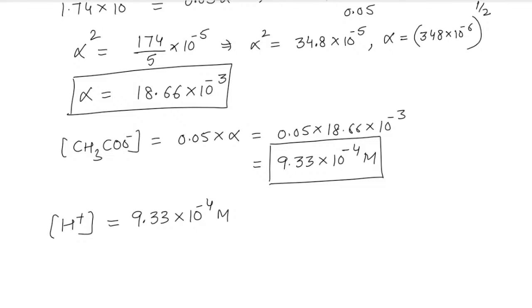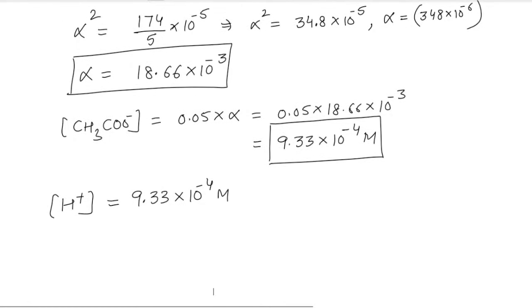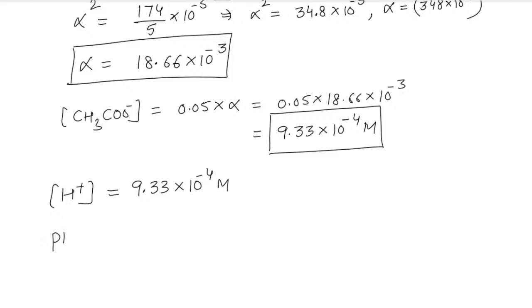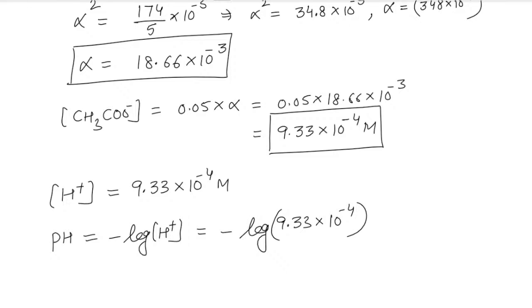Now what is the next question? Calculate the pH. So what is pH? pH is negative log of H plus ion, that is negative log of 9.33 × 10^-4. So it is minus log of 9.33 minus log of 10^-4.